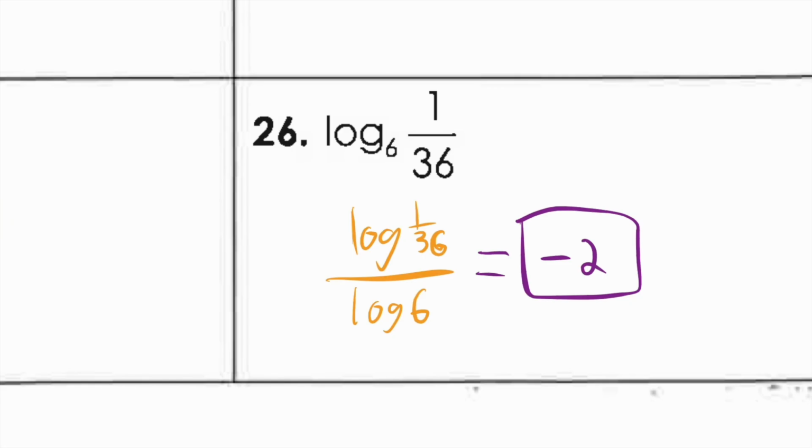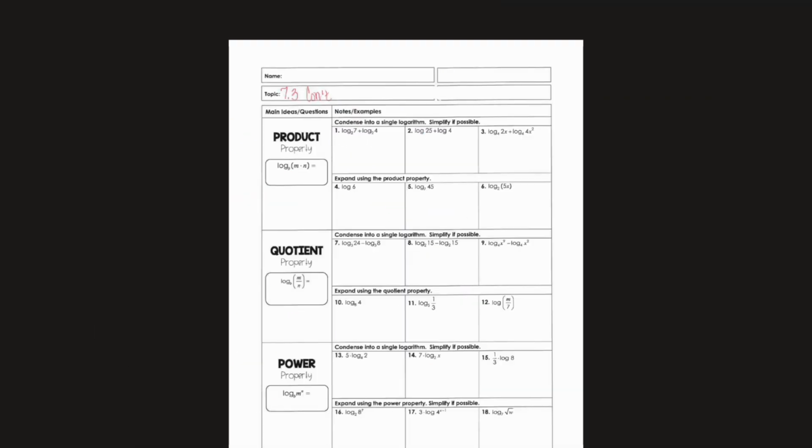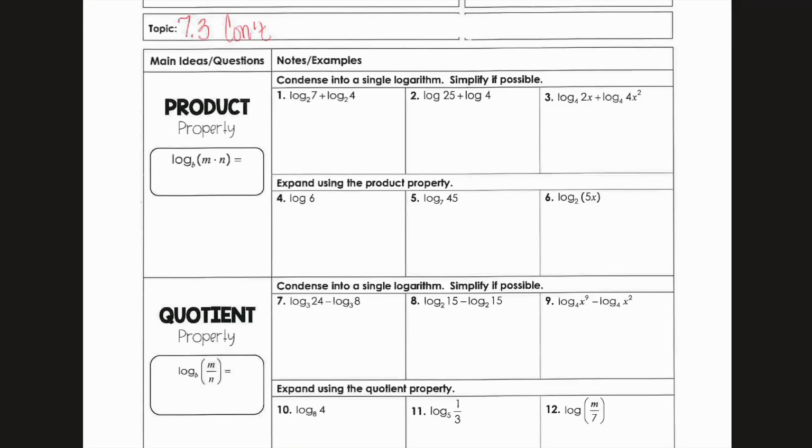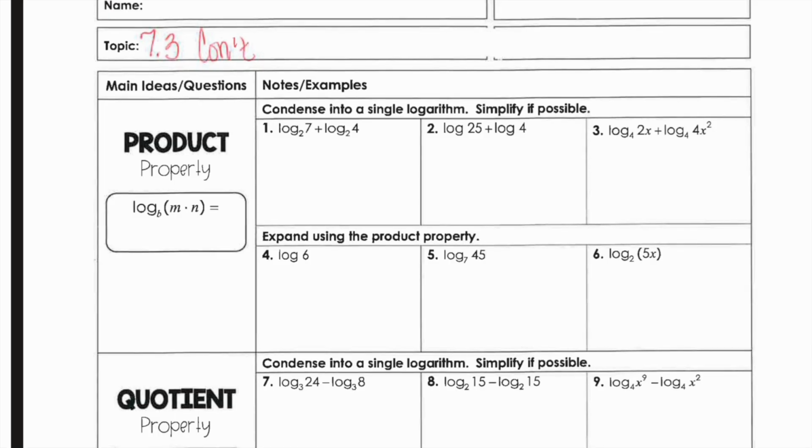Moving on to our next page, we're going to be talking about some properties. The first of which is the product property. The product property says that log base b of m times n is the same thing as log base b of m plus log base b of n.